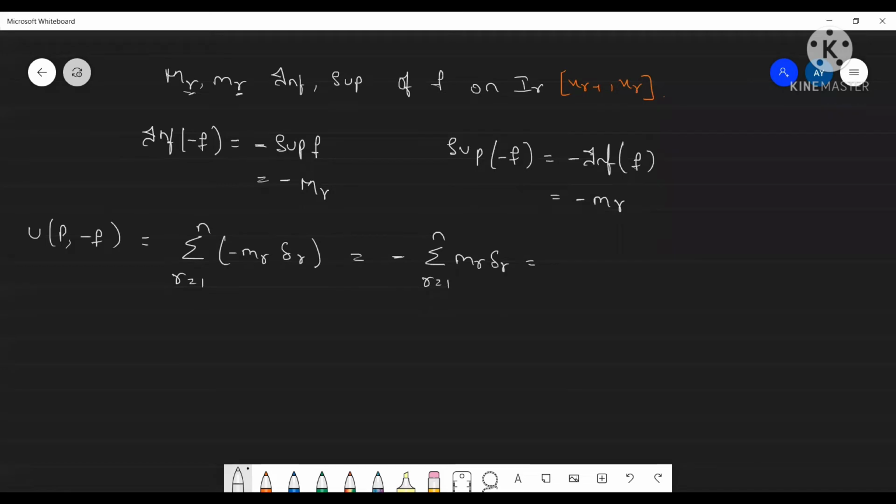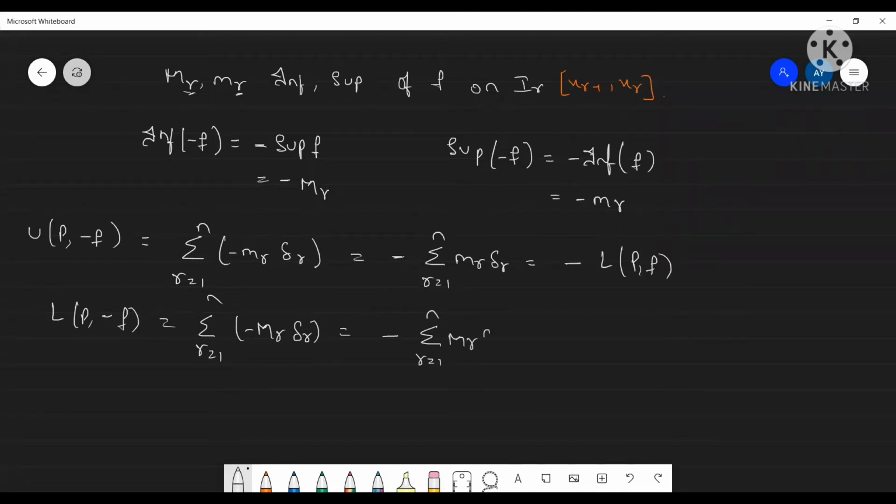This is equal to minus, what is small m_r delta_r? L(P, f). Okay. Next, L(P, minus f) is equal to summation r equals 1 to n of minus capital M_r into delta_r, which is minus summation of capital M_r into delta_r. This is equal to minus U(P, f). Okay.